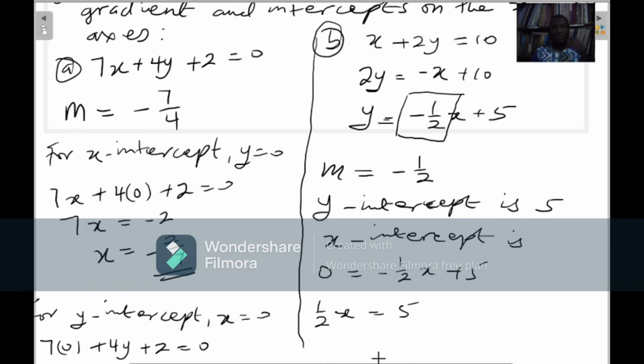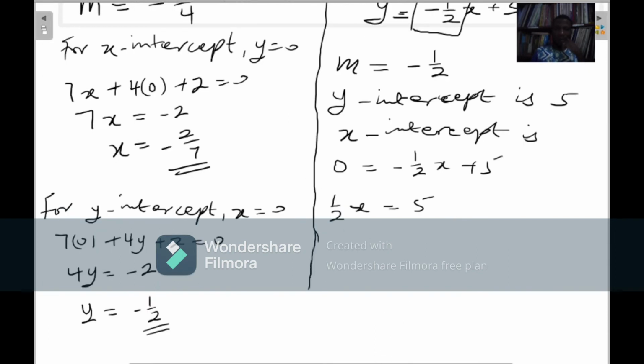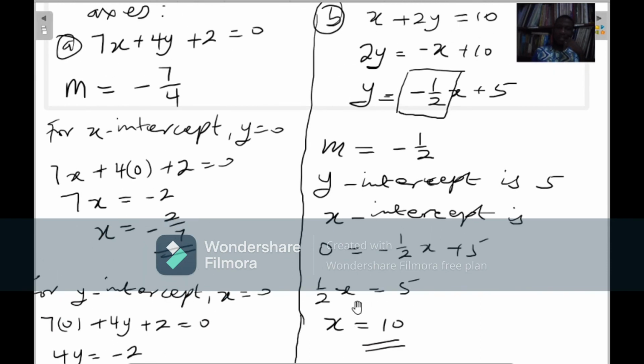Then multiplying both sides by 2, I'm going to get x to be equal to 10. And that becomes my x-intercept, meaning that when I make y 0 here, my x is going to be 10. So that is how to find the gradient and the x and y intercept of a straight line when you are not given 2 points on the line, but the equation of the line, and you have to find them.